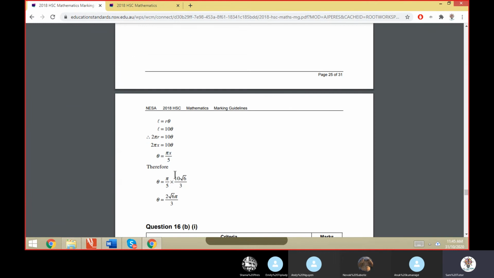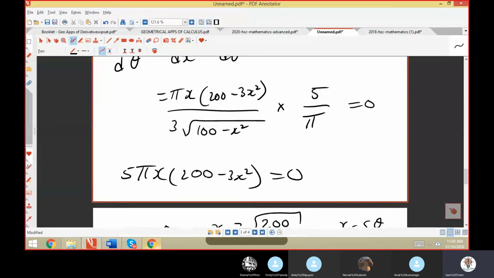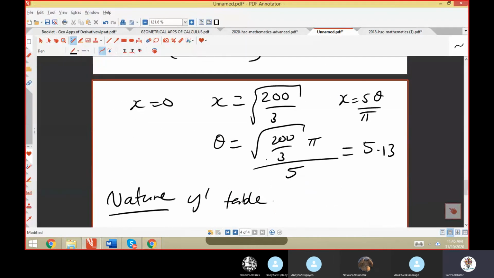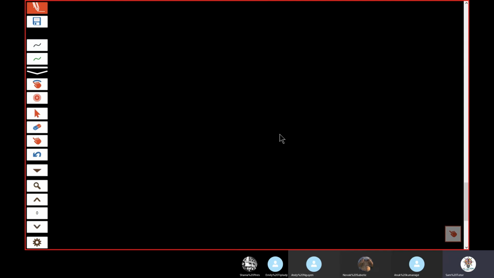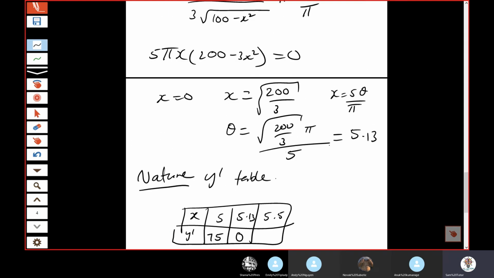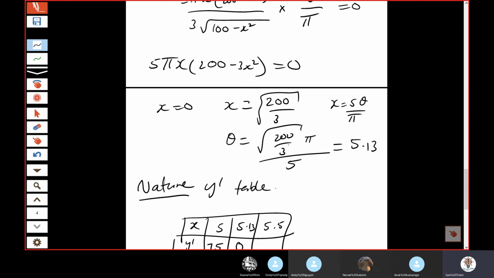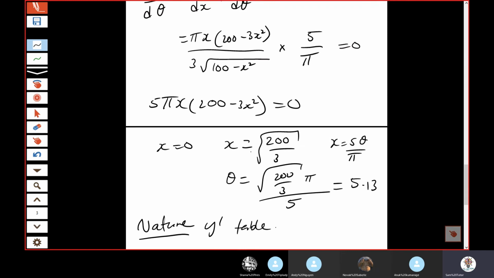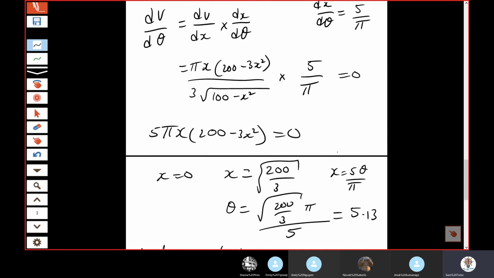X equals exactly theta. Something weird. Let me think. I realize what I've just done. X equals, yes. And I've got my theta relationship, yes.